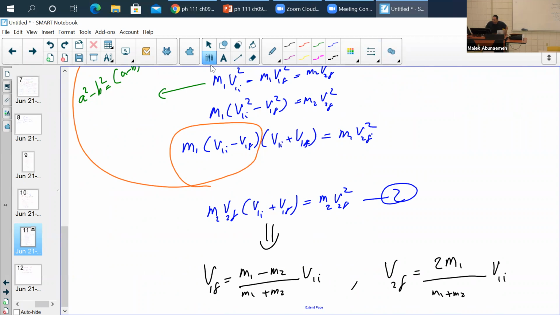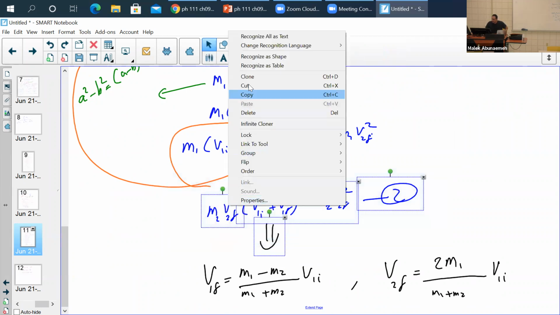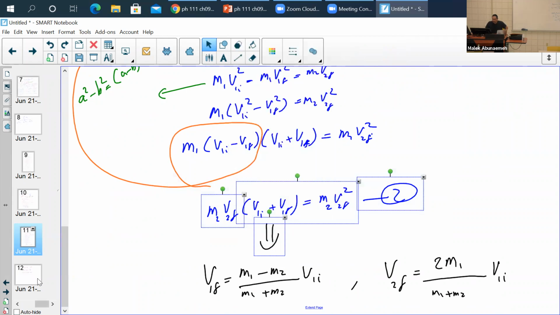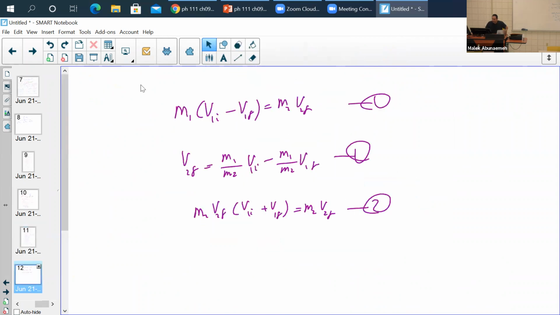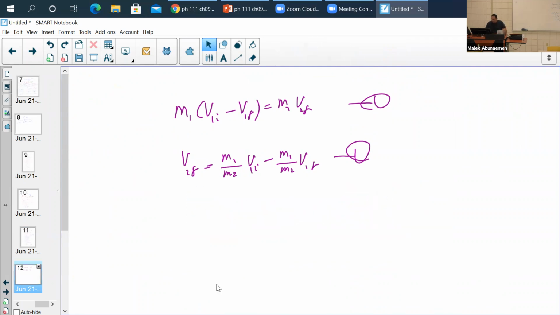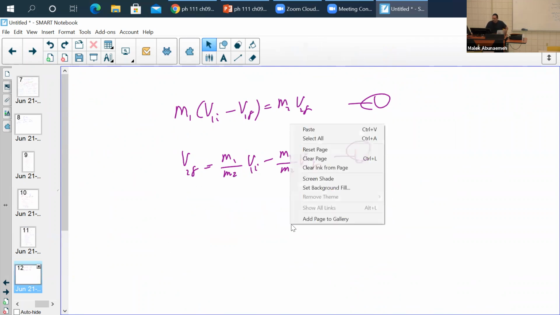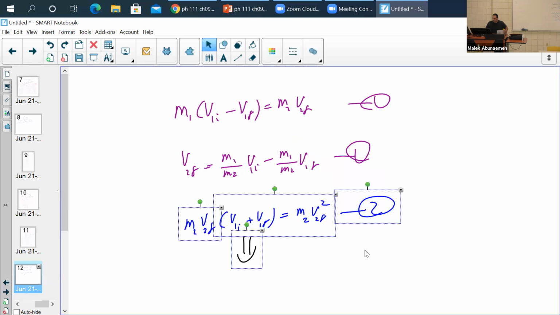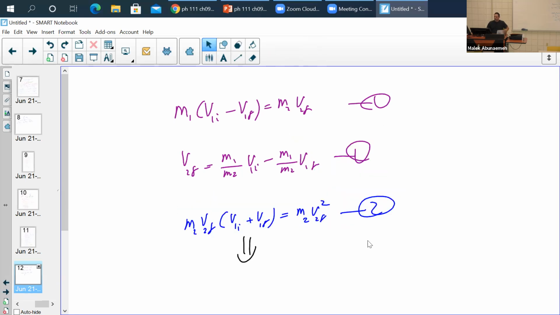Let me go ahead and copy it the way it is. Okay, here's our equation 2. Let me go ahead and erase this. Okay, that's much better. That was our second equation.